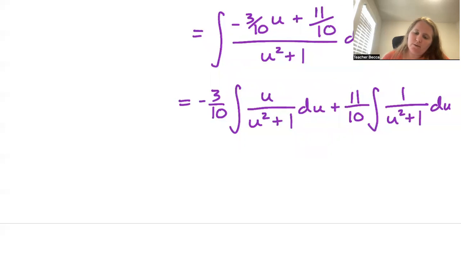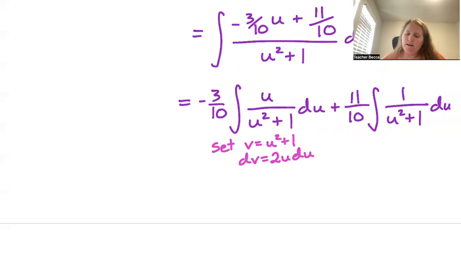The first integral, if we set v equal to u squared plus 1, dv would be 2u du. And so u du is 1/2 dv.